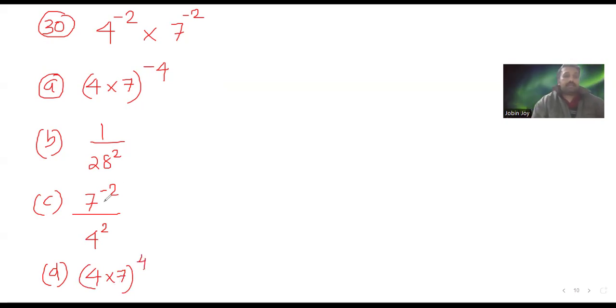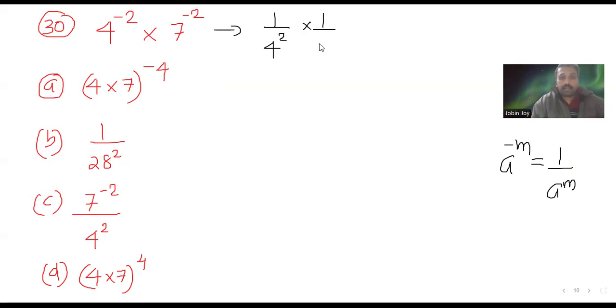Okay, first I will calculate the value. We know that a raised to minus m is equal to 1 by a raised to m. I will apply this here. So this is 1 by 4 square into 1 by 7 square. So the power is the same, so 1 by 7 into 4, the whole raised to 2.